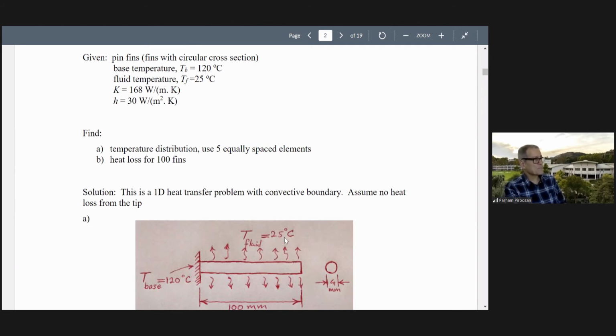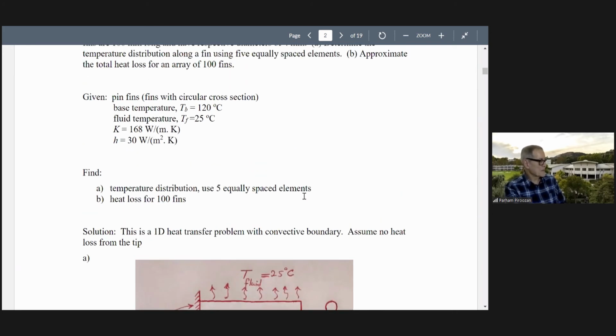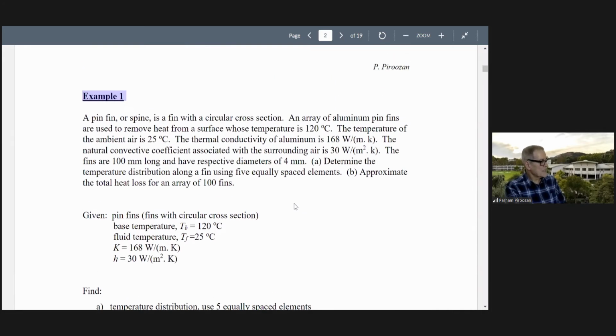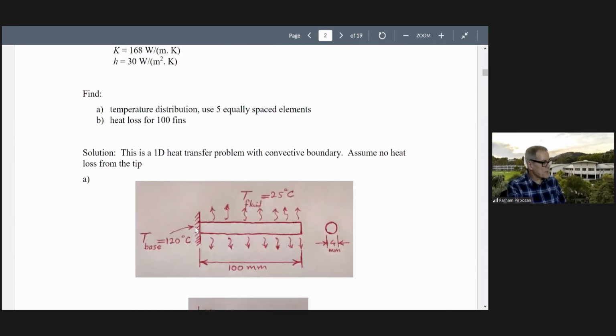Finite element methods helped a lot in modeling. Before making them, we can analyze them, make sure that this is the best design, and then use those designs. So let's solve this problem. This is a fin problem, a pin fin. The cross section is round, 100 millimeters long and 4 millimeters in diameter.